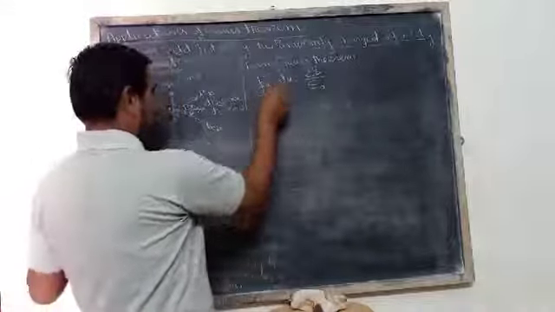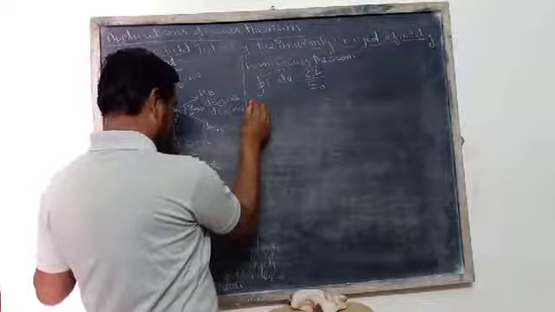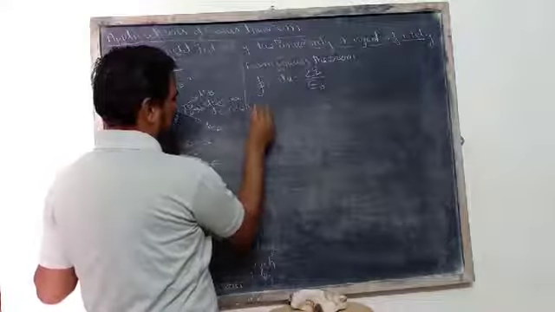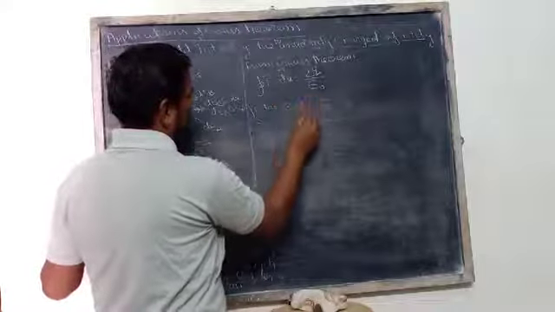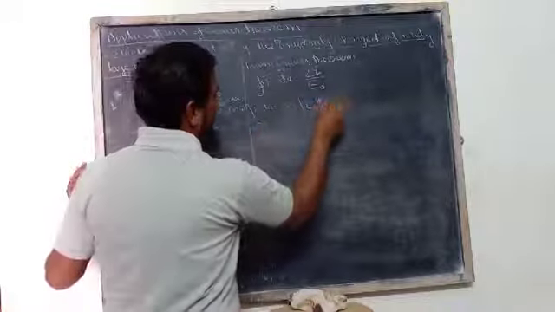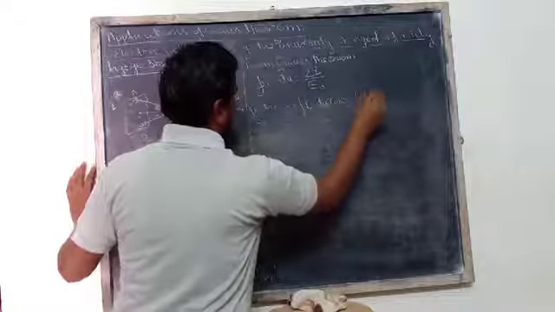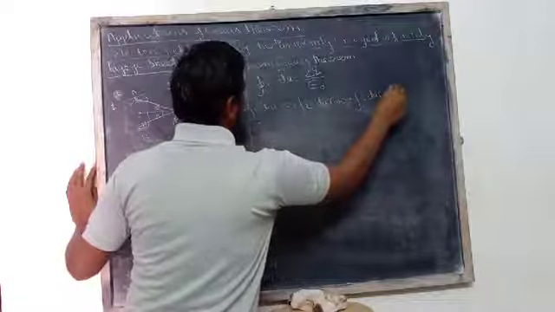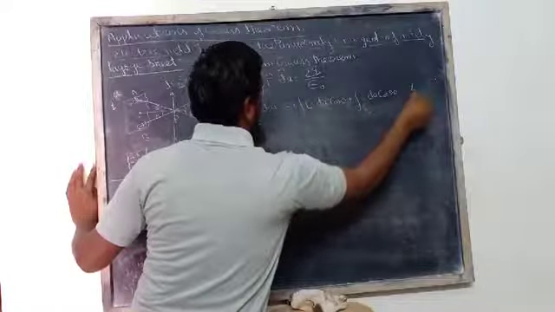This is for the whole closed surface. Now we divide it into three surfaces. For surface S1, E dA cos 0, for surface S2, E dA cos 0, and for surface S3, E dA cos 90. This is equal to Q upon epsilon.